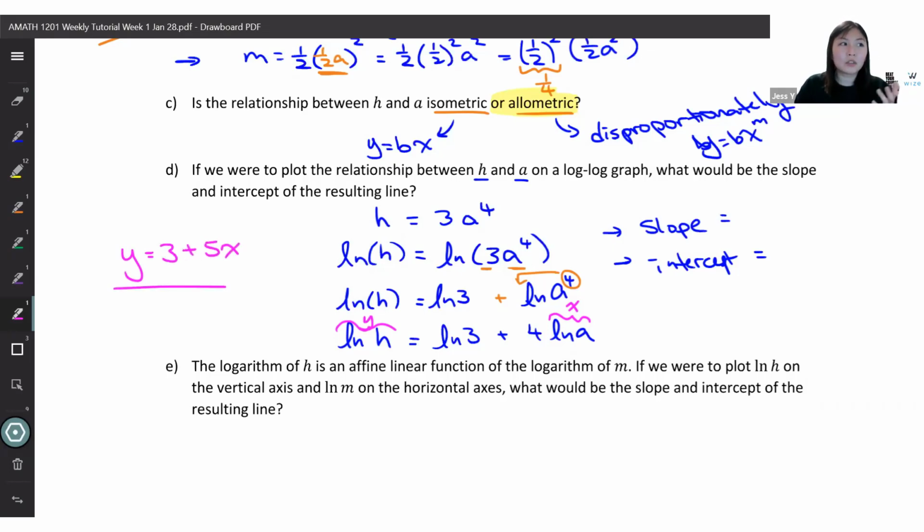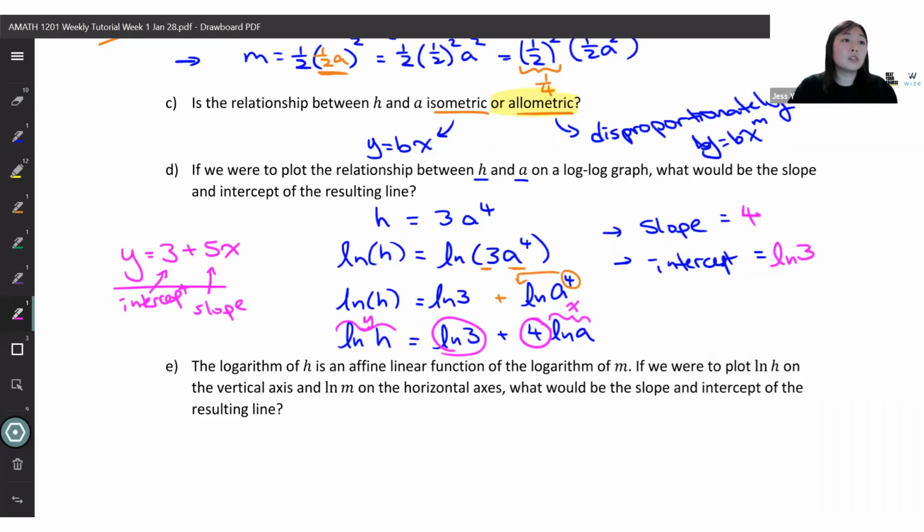In the y equals 3 plus 5x situation, the number in front of x is our slope, and the number by itself is the intercept. It's the same deal here. Our slope is the number in front of our ln a, because that's our variable. And the number that's by itself, ln 3, is just a number. If you don't believe me, punch it in your calculator. Ln 3 is just a number. So that is your intercept.